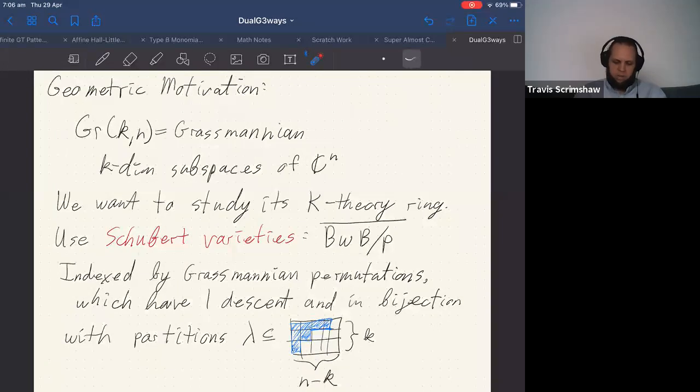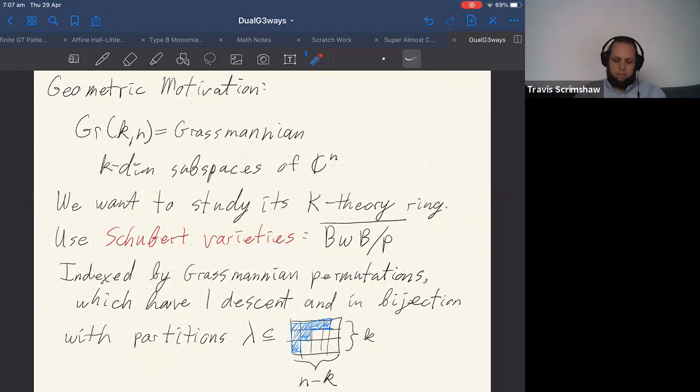But we don't have to worry too much about them, other than the fact that for the Grassmannian, these are a very nice object, because we can use them to construct a basis for the K-theory ring and understand the multiplication through their intersection, at least at the level of cohomology.